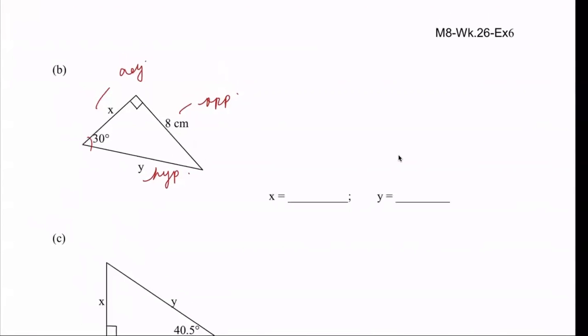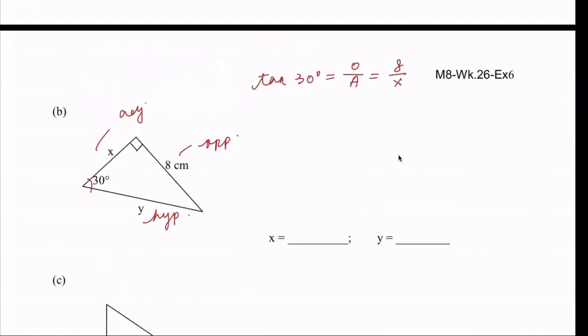So if we use tangent 30 degrees, we know tangent is equal to O over A, right? So in this case, it's equal to 8 over X, right? So this means if we know the value of tangent 30 degrees, we can find X. So here we use calculators. Okay.